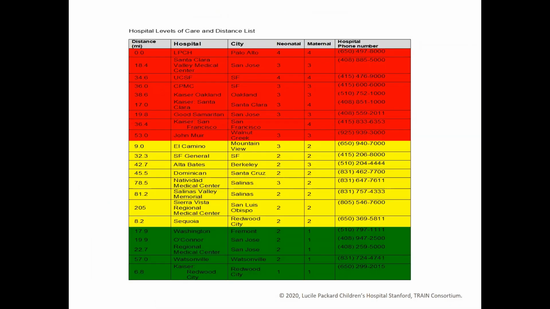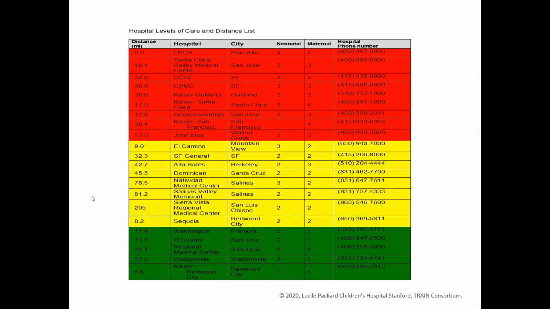So during an acute event, you're not going to have the time to actually understand which hospital can take which type of patients. So I encourage any labor and delivery units to develop a chart of all their local hospitals that can show both what level mom they can handle as well as what level nursery.